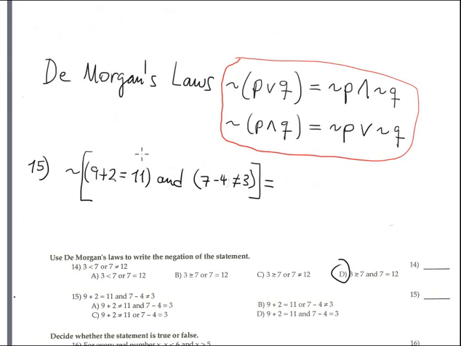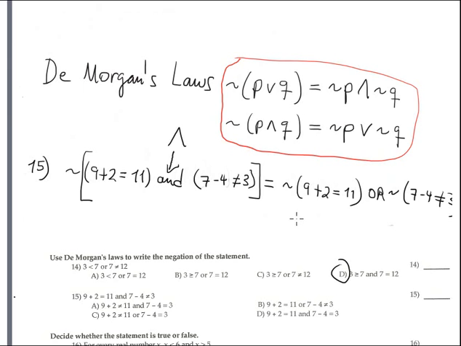Okay, again the Morgan law applies in this example, but this is and, which is equivalent to saying conjunction. So it's negation of this statement, and you connect by or, and negation of the other statement, which is 7 minus 4 different to 3.